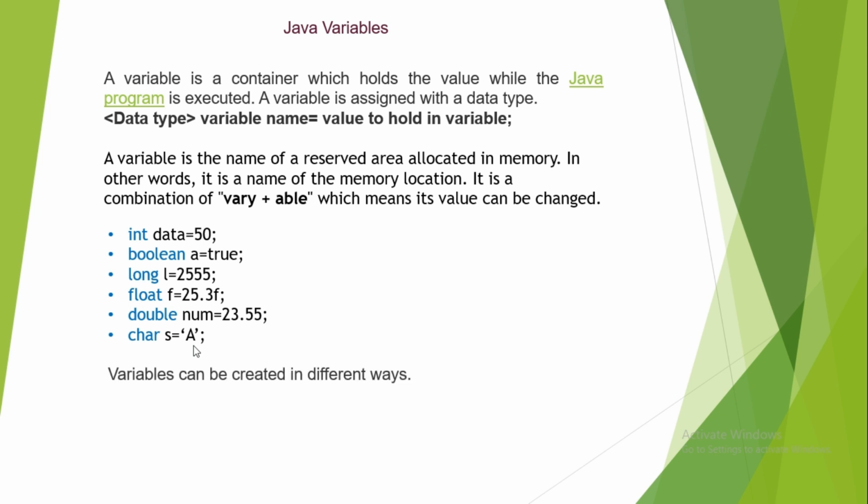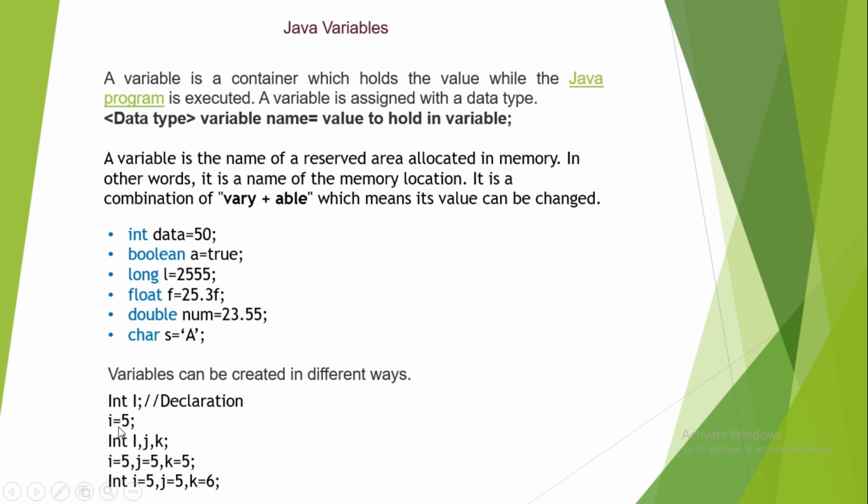Variables can be created in different ways. Okay, so we will see one by one. What is the first step? Integer i. Here we have created a variable i, but we have not assigned a value, which is valid. You can assign the value in the next line also. Integer i equal to 5. This is one way. This is a valid way.